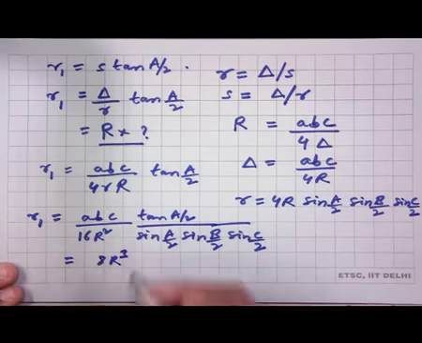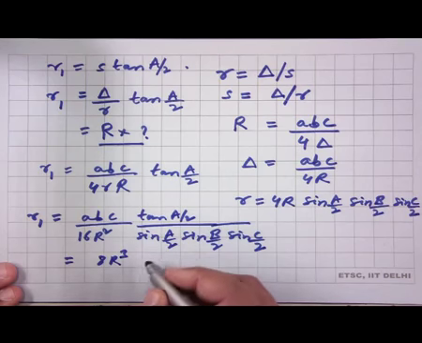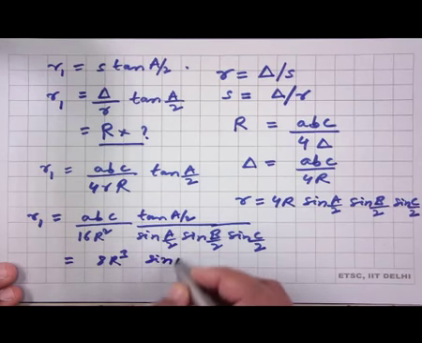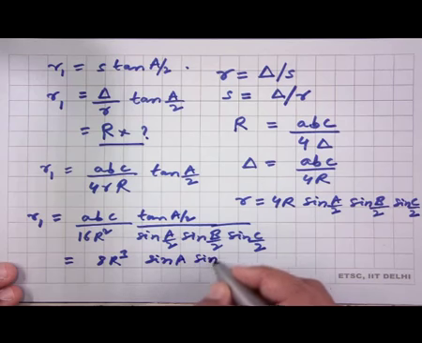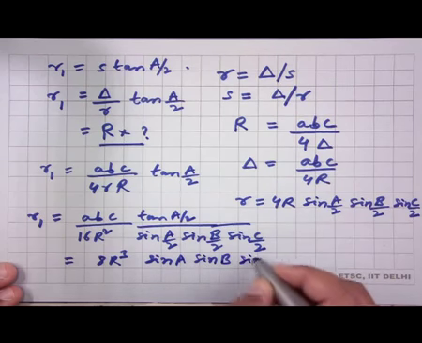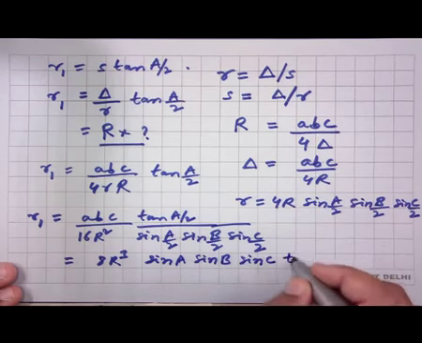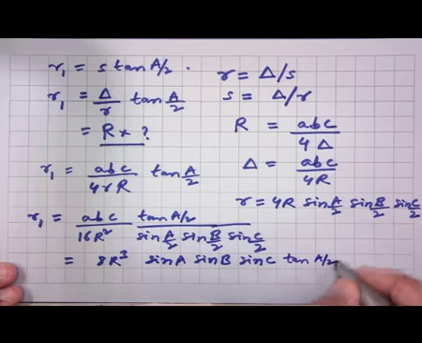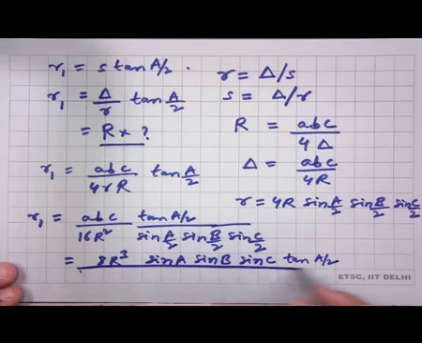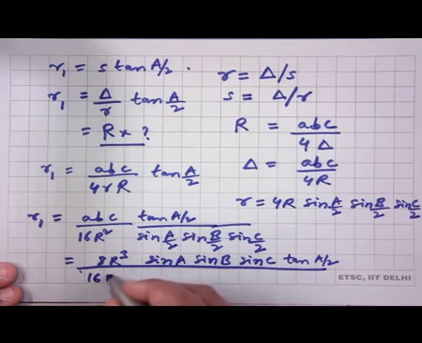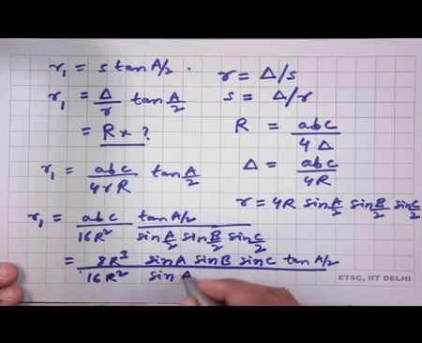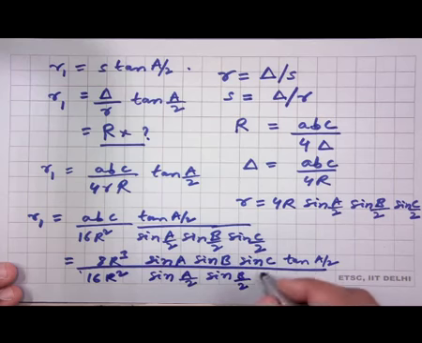8R cube times sin A sin B sin C into tan A/2, divided by 16R square times sin A/2 sin B/2 into sin C/2.